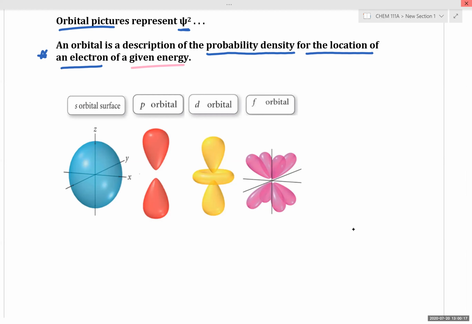Do orbitals feel a little bit more tangible now that you've seen what these pictures look like in practice? Any questions so far? Don't be shy to type your questions in the chat, and I'll be happy to answer any questions that you have.